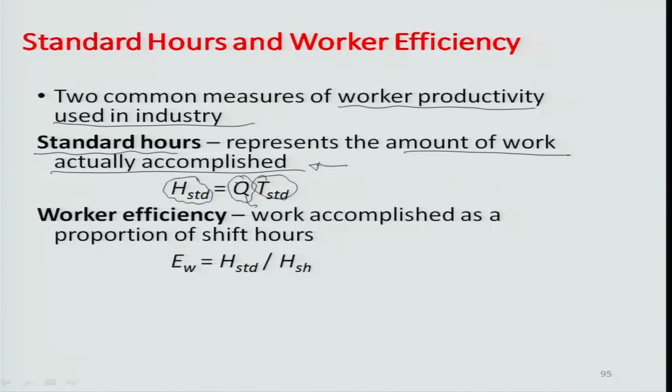So Q times Tstd becomes Hstd. And if I wanted to compute the worker efficiency based on that, out of an otherwise available shift of H hours, the efficiency is the standard hours involved in actual deliverance towards the making of Q units in a shift, per the number of hours in a particular shift, and this gives a percentage efficiency.